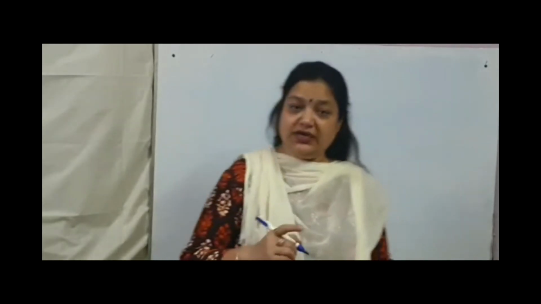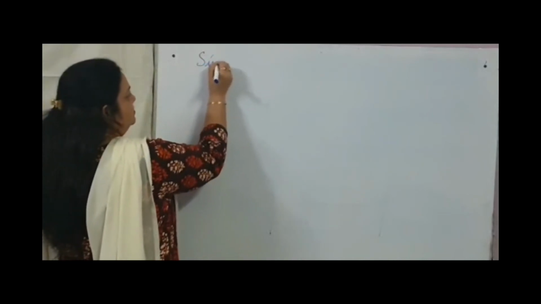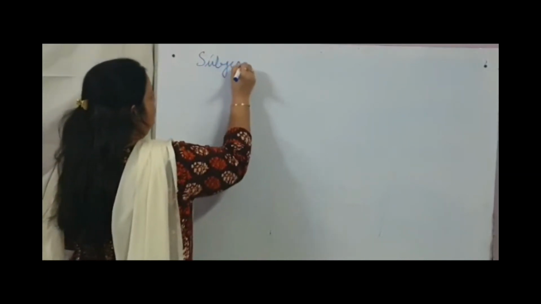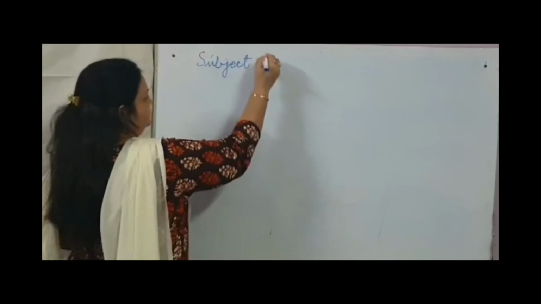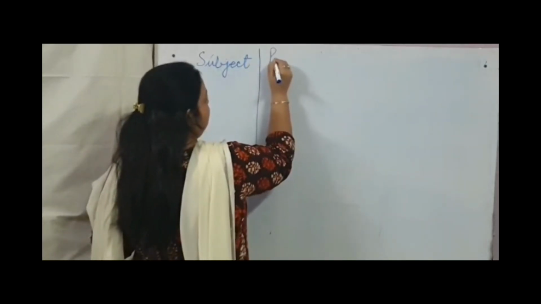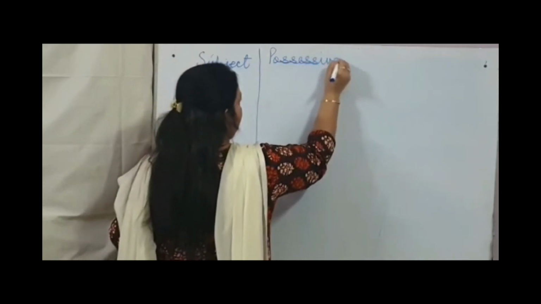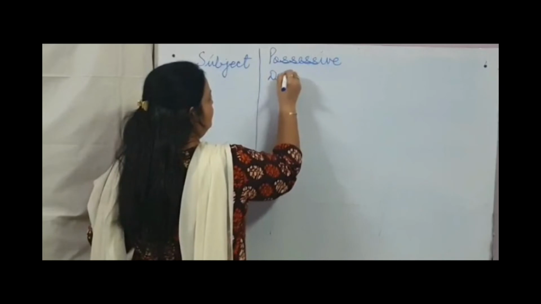Now I'll explain it with the help of a table to make it more clear. I take the subject as usual. Then how it is used as possessive determiner.